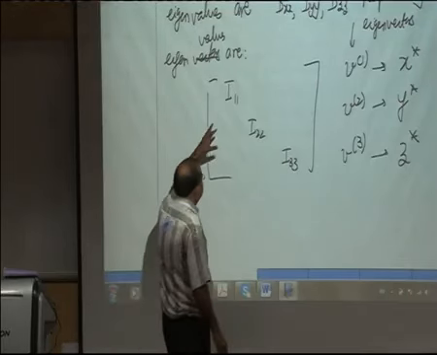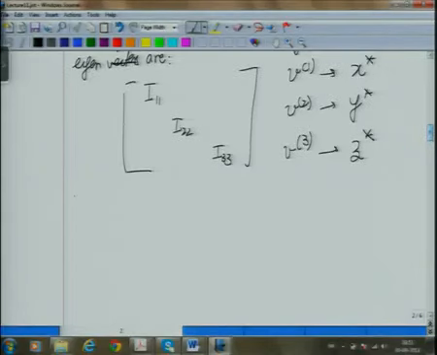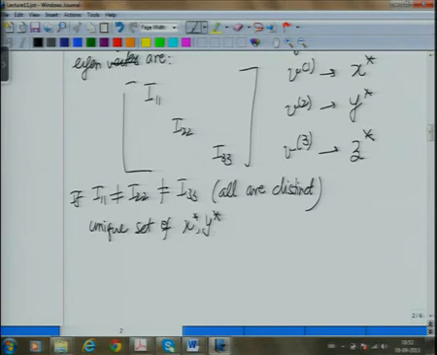Now, what will happen is, and again I will just state this without proving, if I11, I22 and I33 all are distinct, we have different eigenvalues, they are all separate, then we will have a unique set of x star, y star, z star, which obviously are mutually perpendicular.